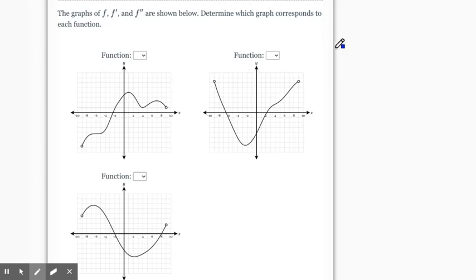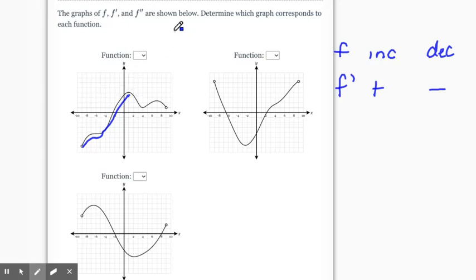So first of all, I'm going to try to figure out if something is a function and if it's a derivative. I know that if the original function is increasing, then the derivative would need to be positive. Likewise, if the function is decreasing, the derivative will be negative. So the first strategy I'm going to use is to try to find a function and a derivative of that function. I look at this first one and I notice that this is increasing until about 1.